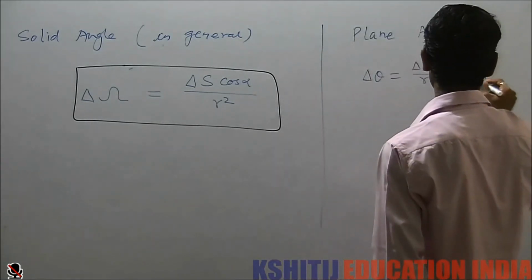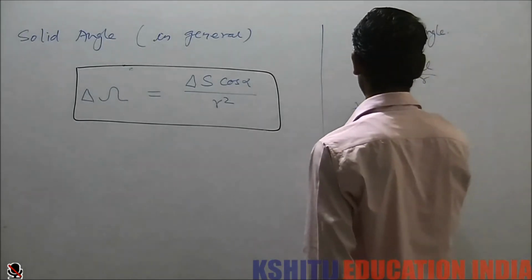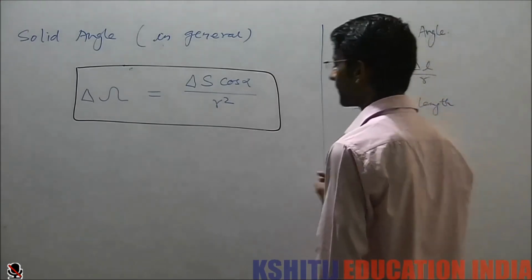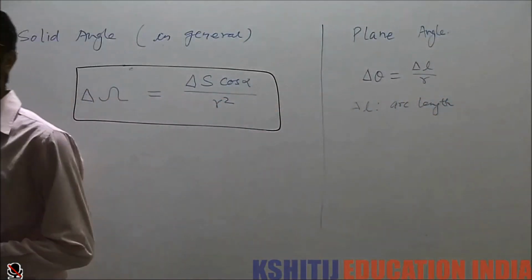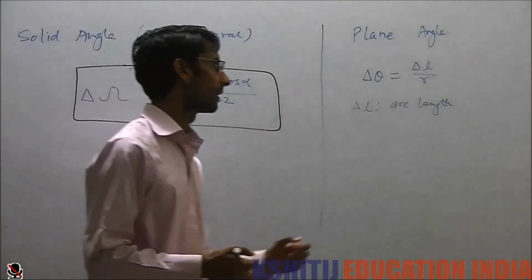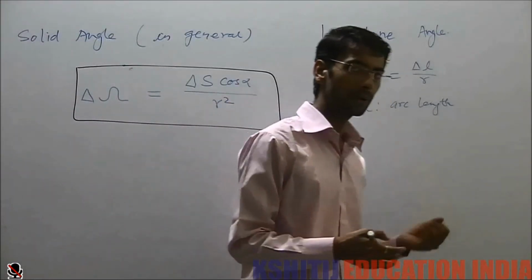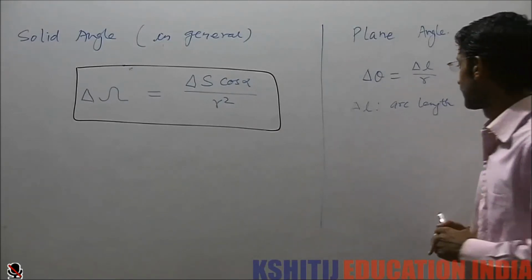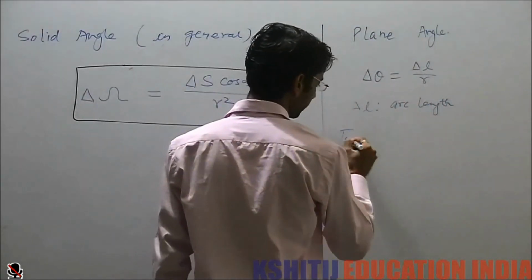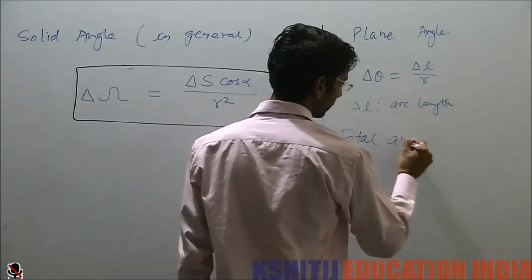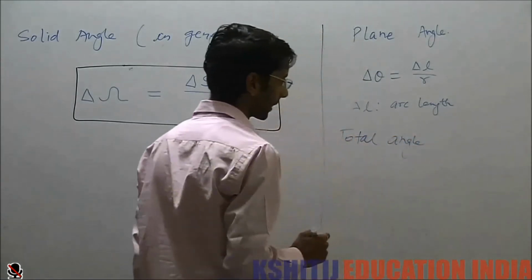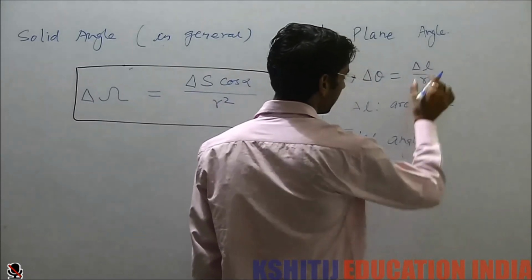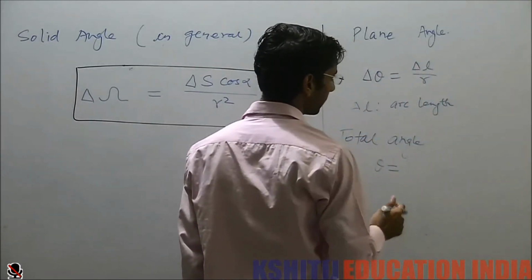Since this delta L was arc length, if you are interested in finding out what will be the total angle created at point O if we complete the whole circle, what will be the total angle?